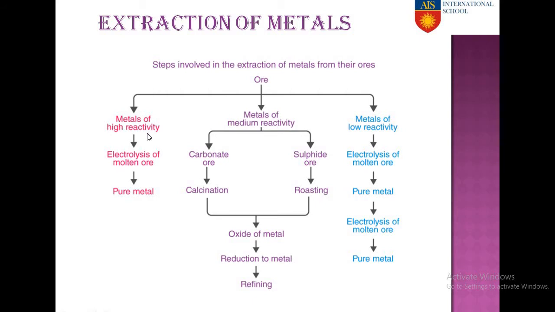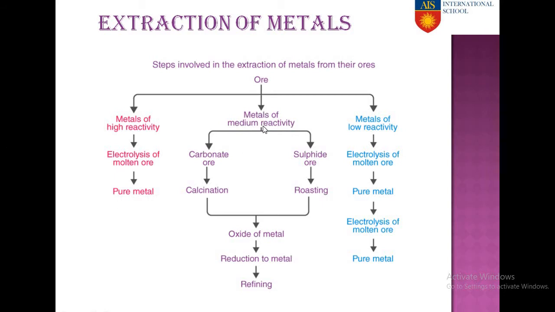We can extract them by electrolysis of molten ore. Electrolysis is a process in which electric current is passed through a molten or aqueous solution of a compound to extract the metals, and from there we can get a pure metal.